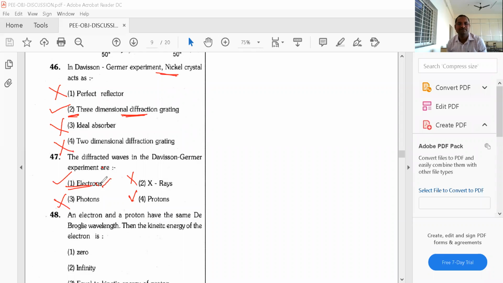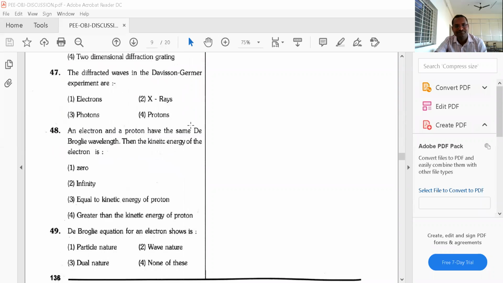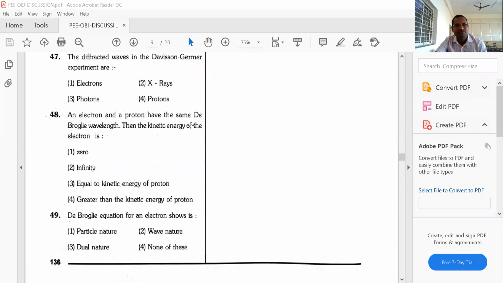Clear? Okay, next, question number 48. An electron and a proton have the same de Broglie wavelength.